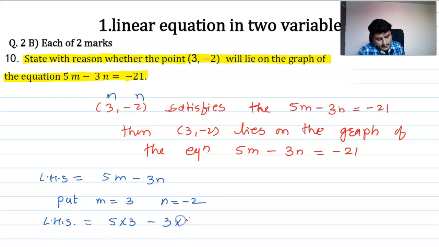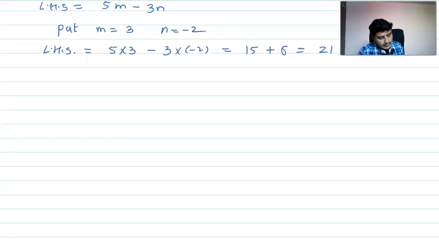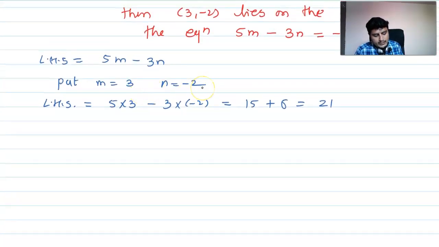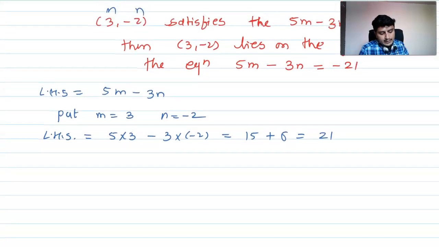So 5 threes are 15, and minus minus becomes plus, so we have 6. 15 plus 6 is 21. So once we replace m by 3 and n by minus 2, the LHS of the equation 5m minus 3n equals minus 21 gives us 21, which is not equal to minus 21.